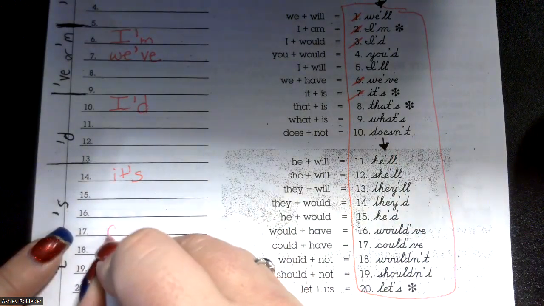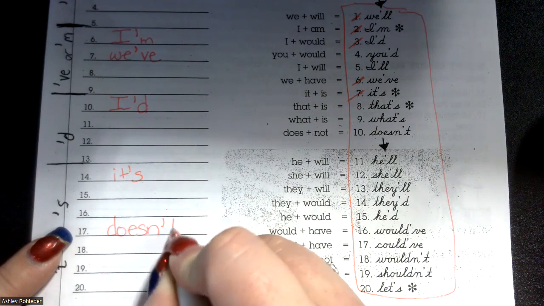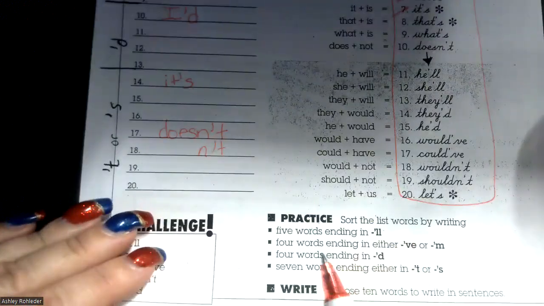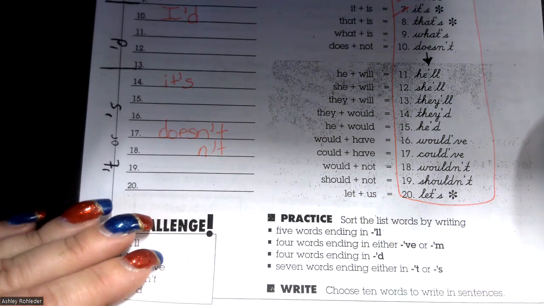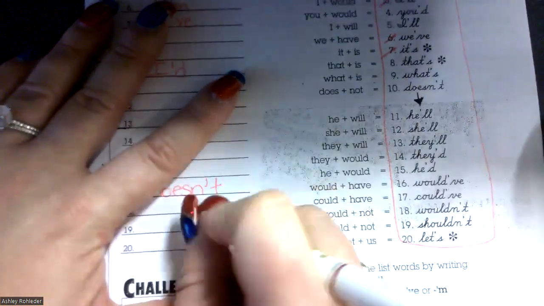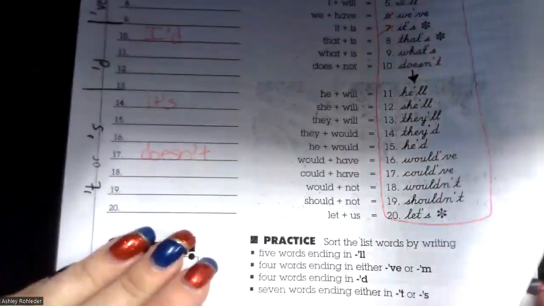Doesn't. D-O-E-S-N apostrophe T. Okay, what if you make your apostrophe like this? Yeah. Okay, so am I going to count that wrong? Correct, I would. Make sure that you are taking the time to have neat handwriting.